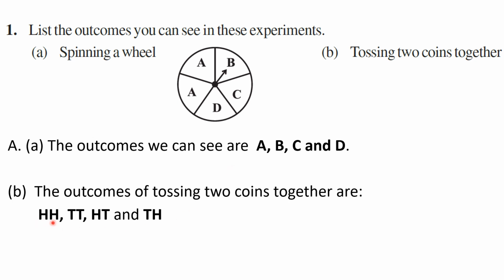First coin, second coin, they may both show head, or both tails, or the first coin can show head and the second tail, or the second coin can show head and the first coin can show tail. So these are the 4 possible outcomes of tossing 2 coins together: both heads, both tails, first coin head and second coin tail, or first coin tail and second coin head.